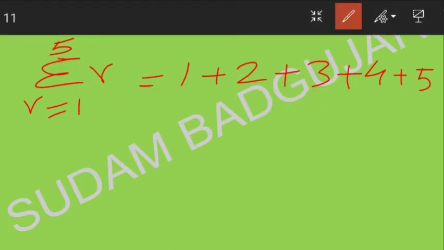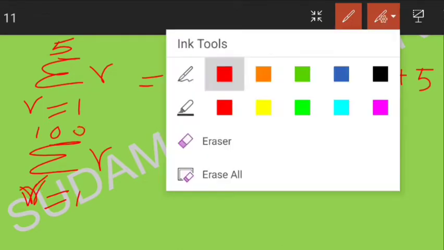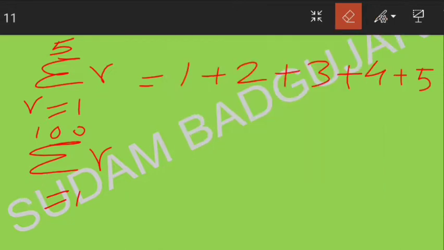One more example, suppose summation or sigma r goes from 1 to 100, meaning the sum of 100 terms.